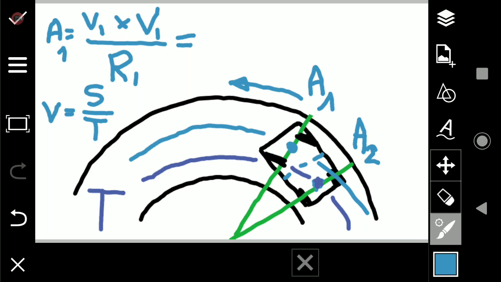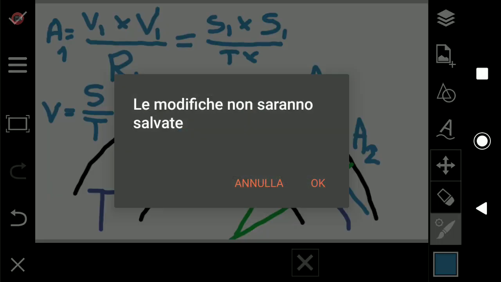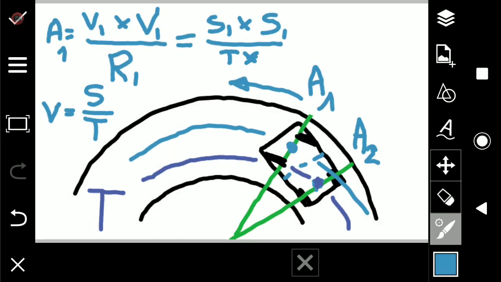So I can write S1 divided by time, divided by radius 1. I'm gonna run out of free space on the screen because now I have to rewrite it.